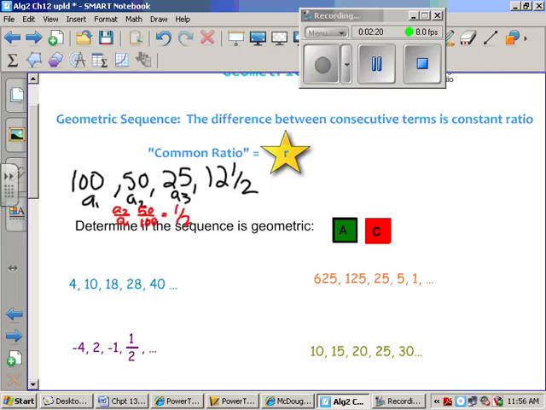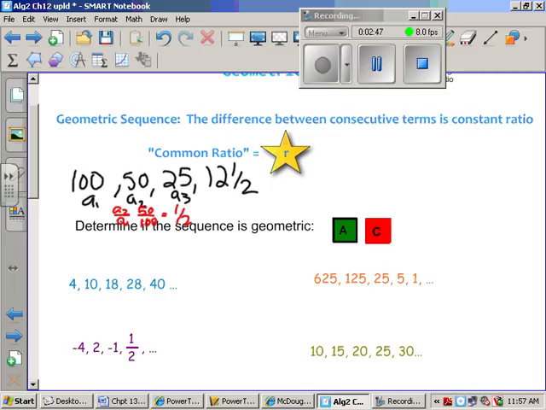And if you want to make sure it's a geometric sequence, you would write a sub 2 over a sub 1 and check that one. Then you do a sub 3 over a sub 2 and make sure it's the same, and then a sub 4 over a sub 3 and make sure that's the same. As long as they all come out to have the same ratio, then it's a geometric sequence and you know what R is.